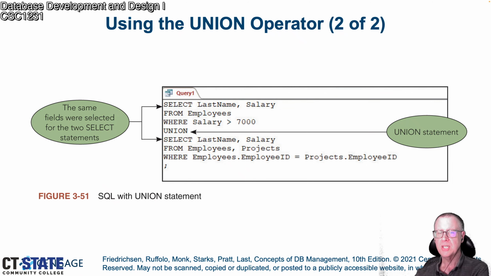And then the second thing we're doing is finding all those employees that are employed on projects, or perhaps they're managing the project if their employee ID is on the projects table. Those two queries give completely different, or maybe overlapping, but distinct results, and the UNION operator allows us to get all of that information in one hit.